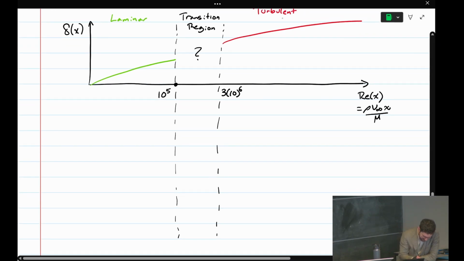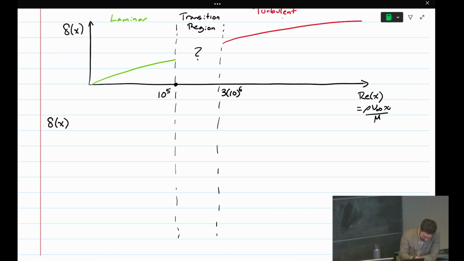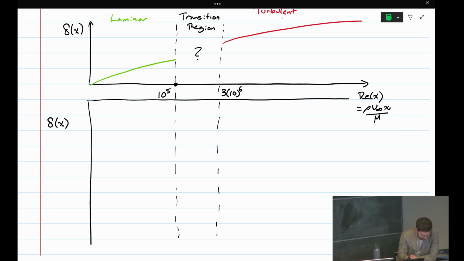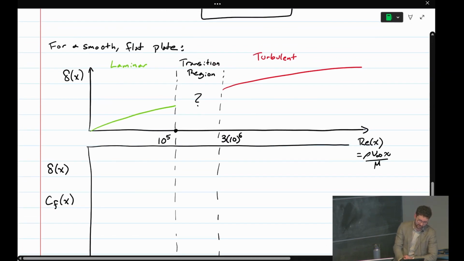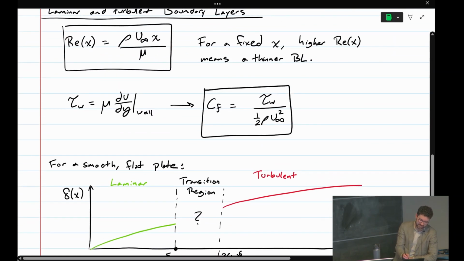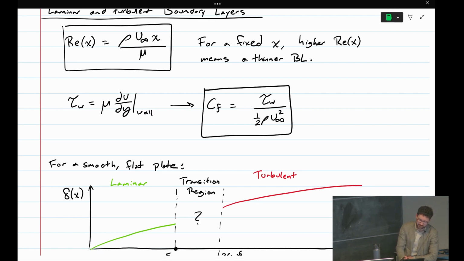Okay, so the relations we have, first one is delta of x. So that's the boundary layer thickness. We saw that before. Skin friction coefficient, the definition of skin friction coefficient is tau wall over 1/2 rho u infinity squared. So tau wall is a local quantity, right?